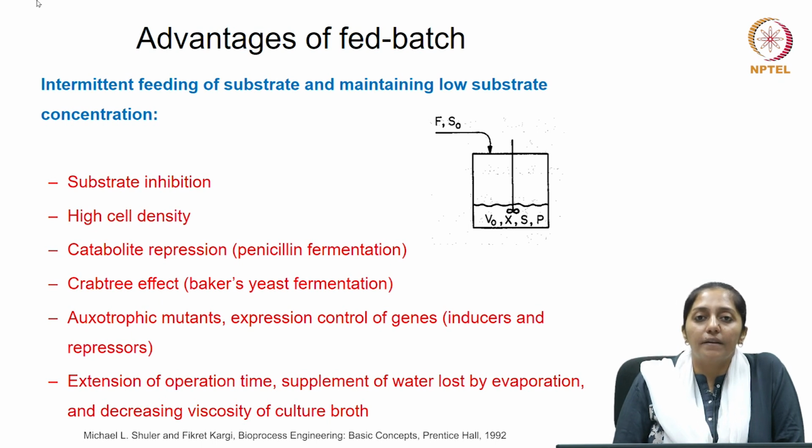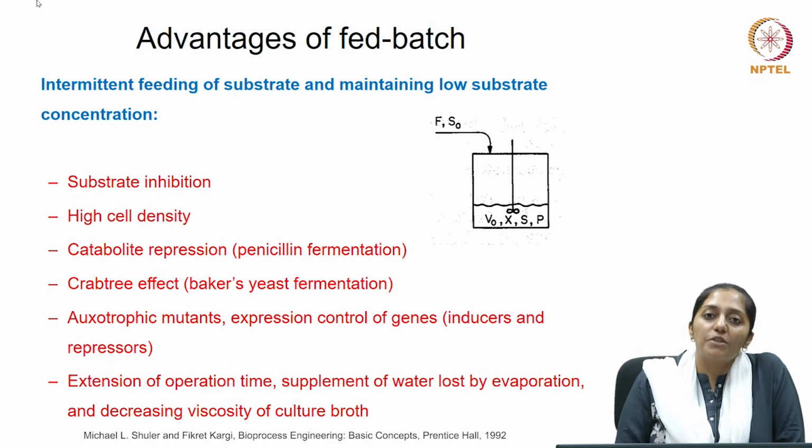Now, catabolite repression is one example which can be overcome by using a fed batch process. In penicillin fermentation, penicillin is an antibiotic, and the process is known to undergo catabolite repression because of the high amount of glucose present in the medium.